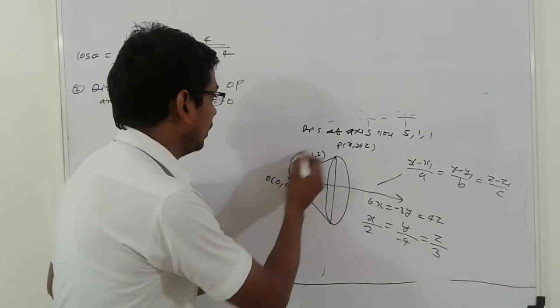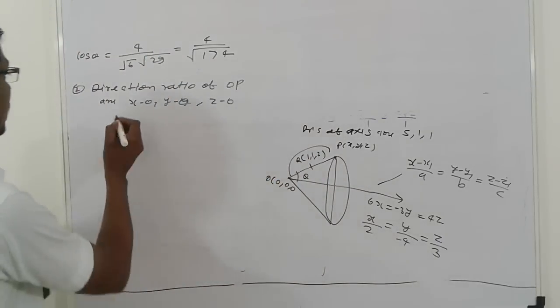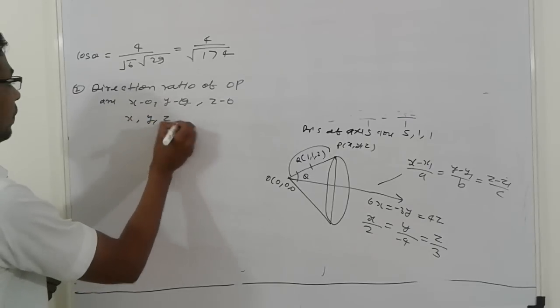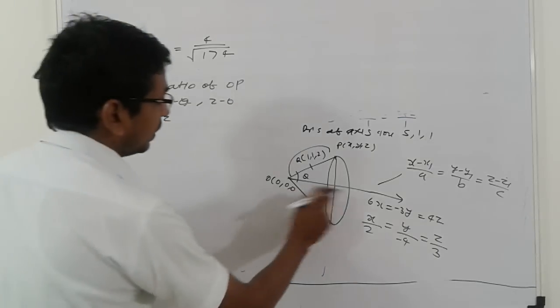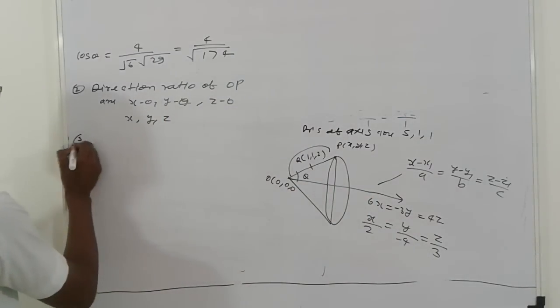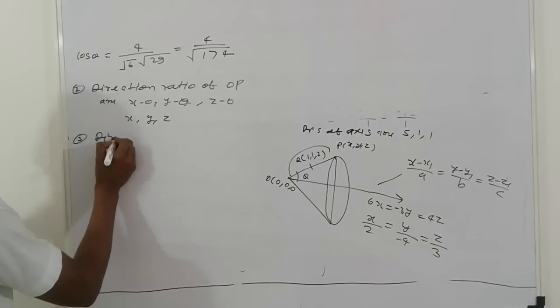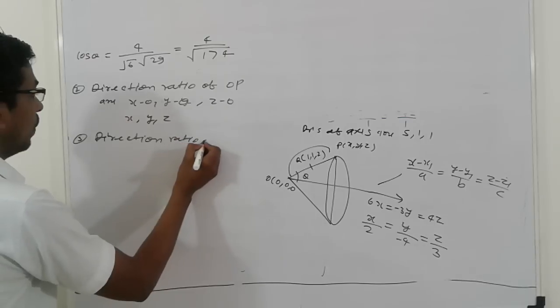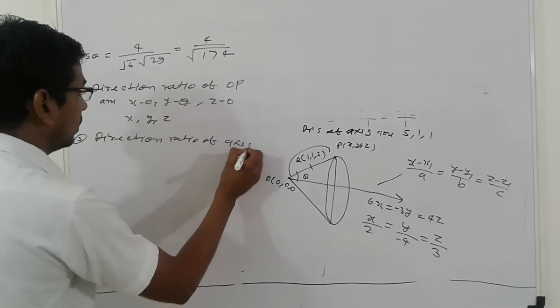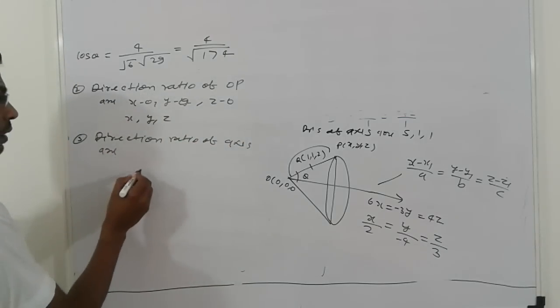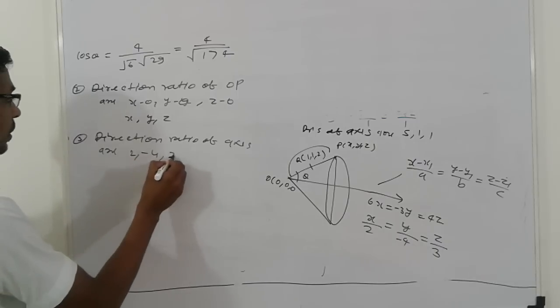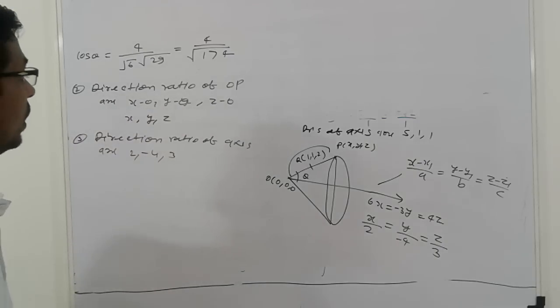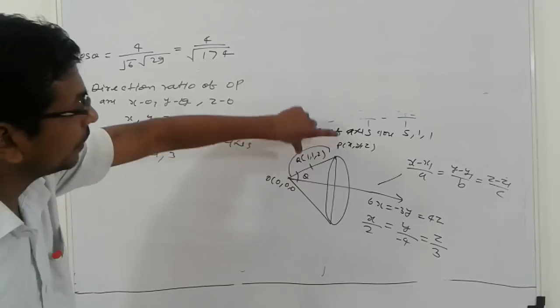अब नेक्स्ट वर्क हियर, सो OP, दिस मींस x y z, and direction ratio of axis is already given है. Direction ratio of axis are 2, minus 4, 3. So cos theta, theta angle दोनों के बिटवीन सेम ही होगा.